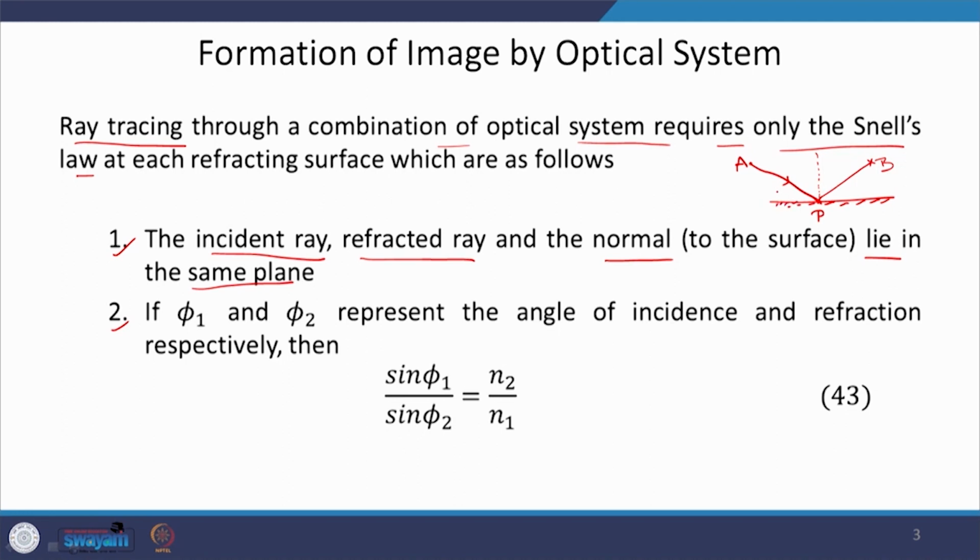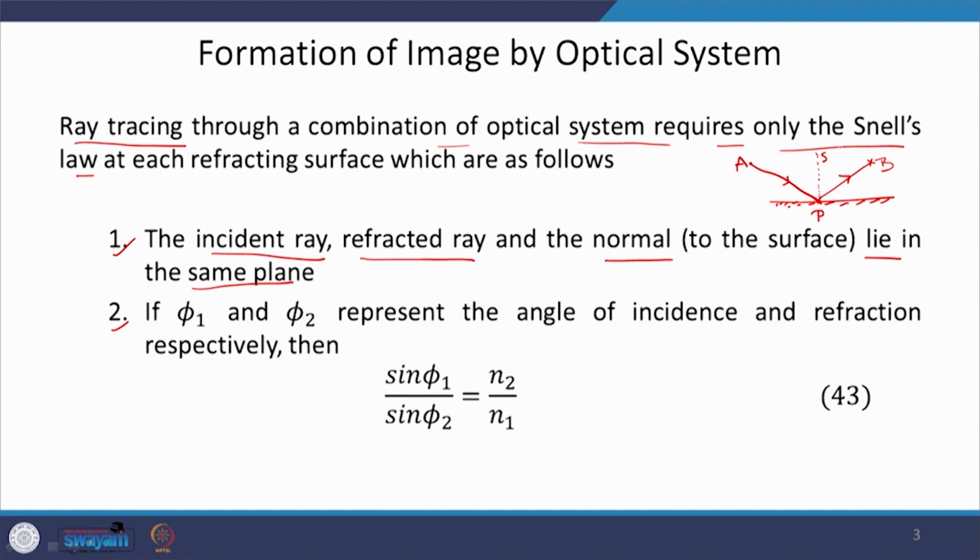The first point says that the incident ray AP, the reflected ray PB, and the normal SP, which is the dashed line, must all lie in the same plane. AP, PS and PB must lie in the plane of the paper.